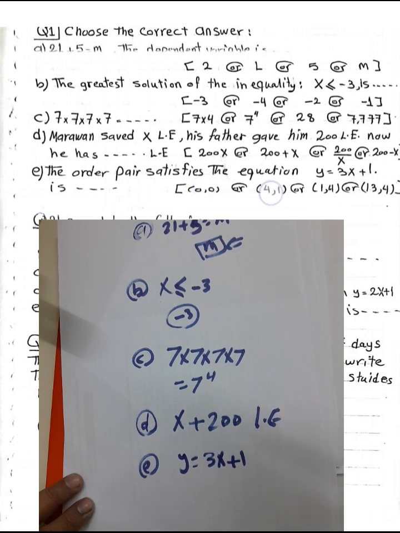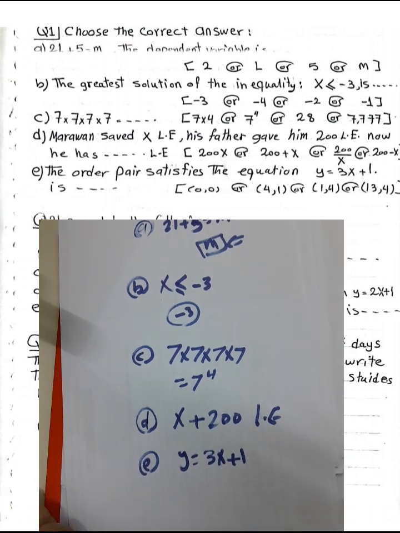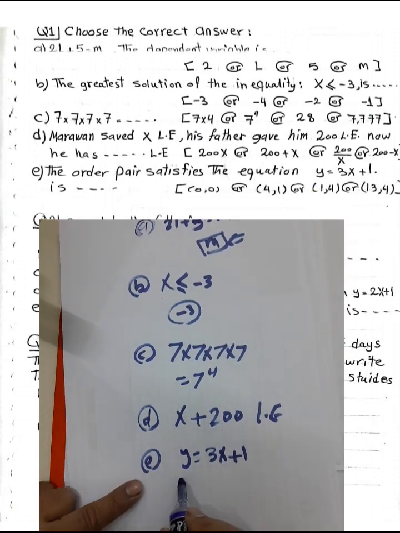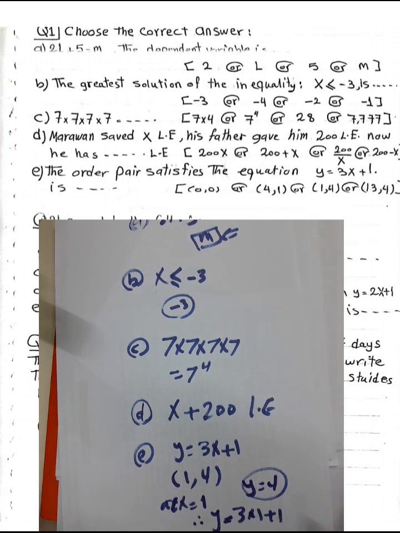Put x equal 4, 3 times 4 is 12, 12 plus 1 equals 13. But put x equal 1, the ordered pair (1, 4) satisfies, because at x equal 1, 3 times 1 plus 1, 3 plus 1 equals 4, then the value of y will be 4. Then the ordered pair will be (1, 4).